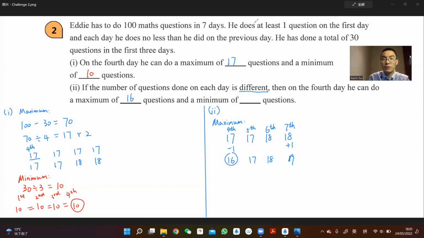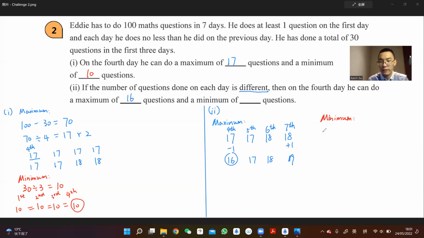And the minimum, let me switch to red. So for a minimum, we do the same operation as we did in the first part. We want to make the number of questions done in the first 3 days as equal to each other as possible, except that this time, we have to make them different.